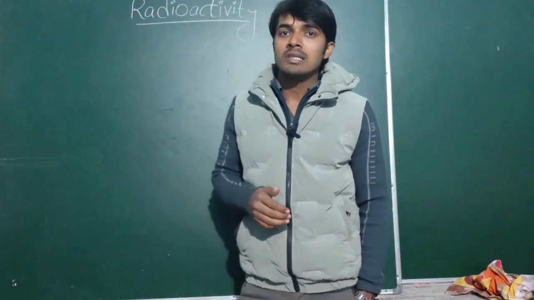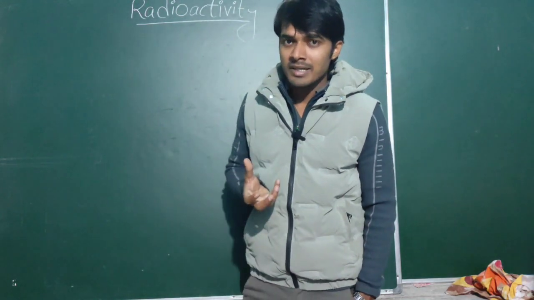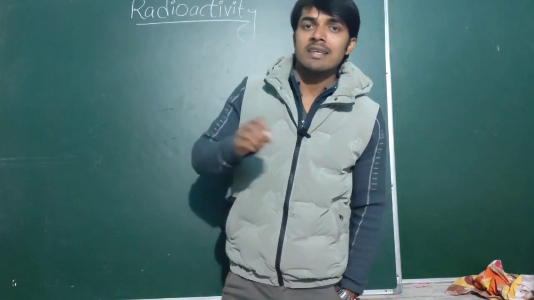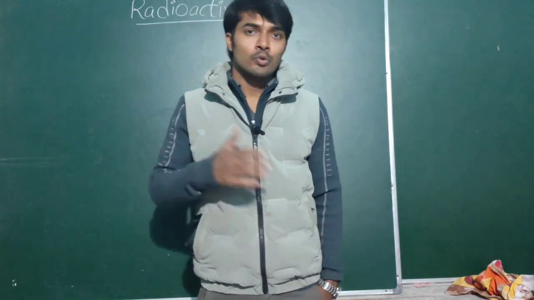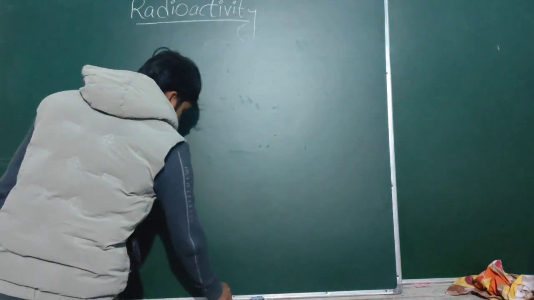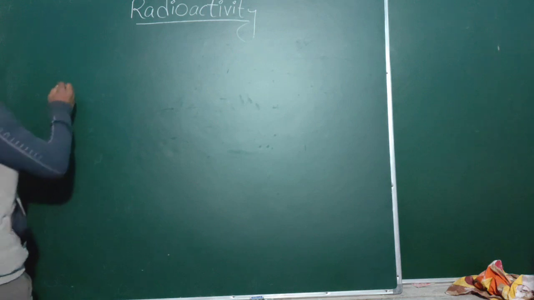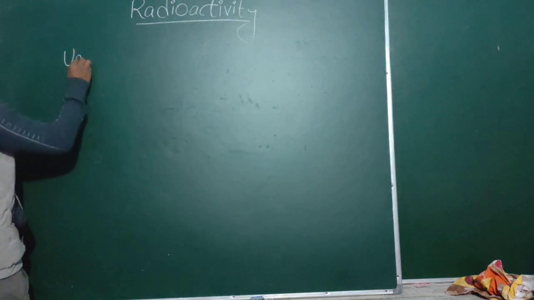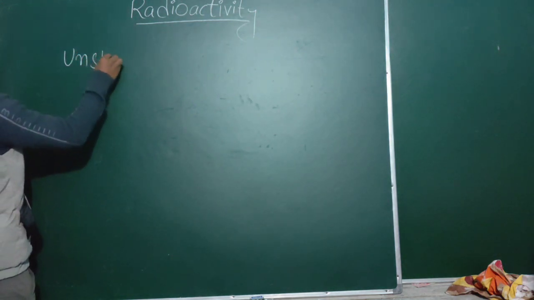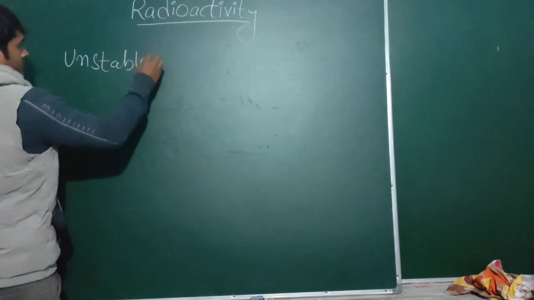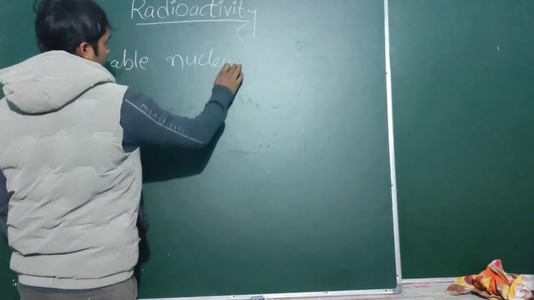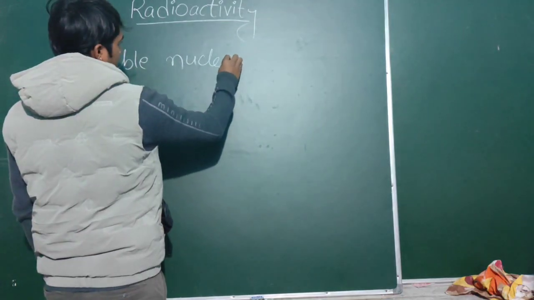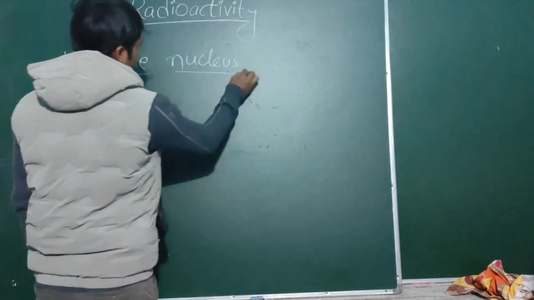Let's delve into nucleus stability on the basis of size. How does the size of the nucleus define its stability, and how does a larger nucleus automatically become unstable?